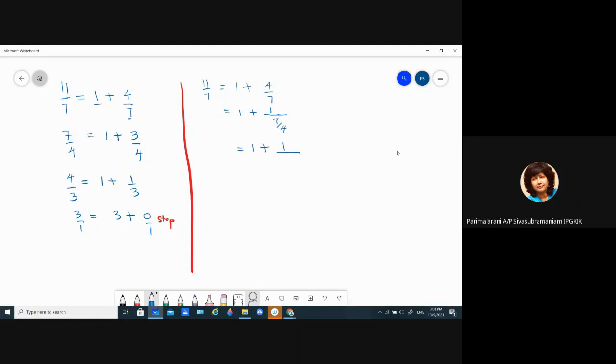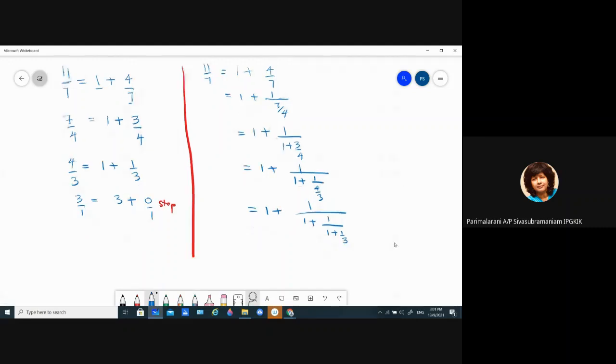So 7 over 4 will be 1 plus 3 over 4. So this is also equivalent to 1 over 1 plus 3 over 4, which is also equal to 1 over 4 over 3. So this is 1 plus 1 over 1 plus 1 over 4 over 3, which is 1 plus 1 over 3 from the left hand side, okay?